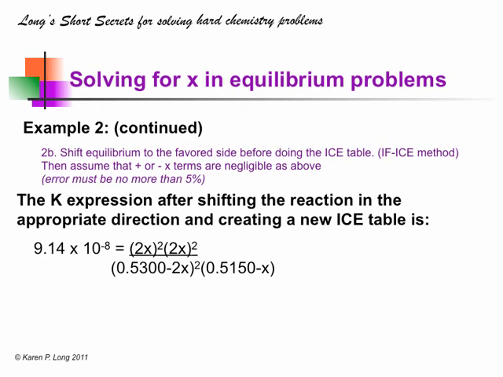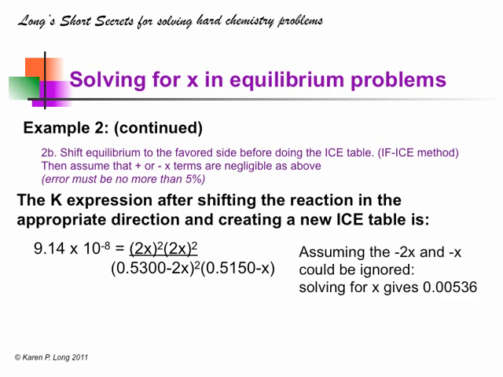We'll look at this and then take the minus 2x and the minus x and assume that they are 0, very small. When we do that, we solve the problem. We get 0.00536.